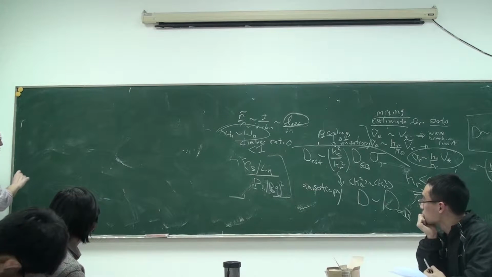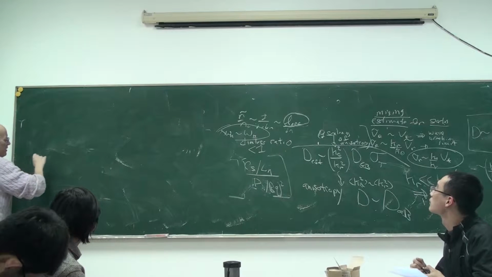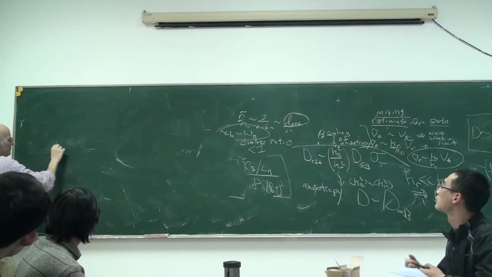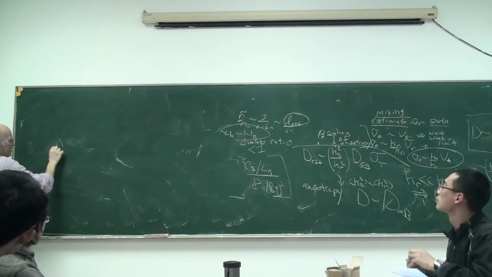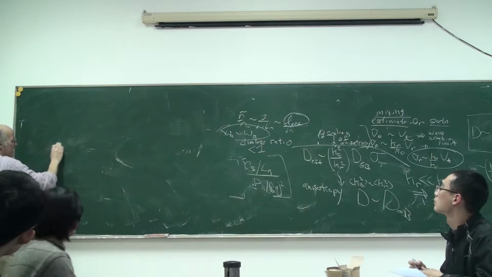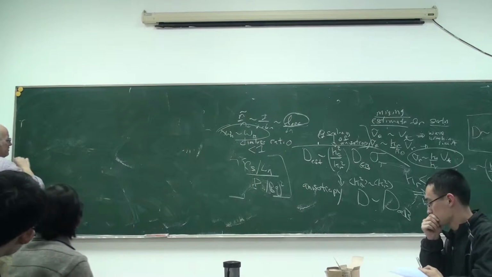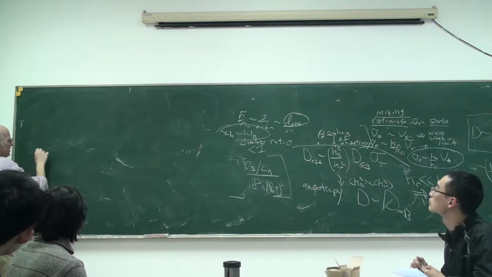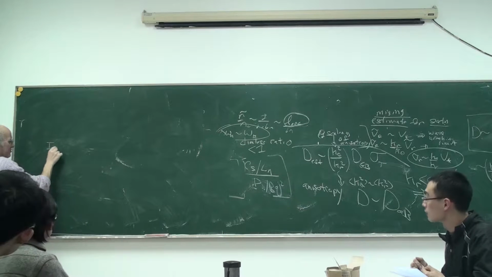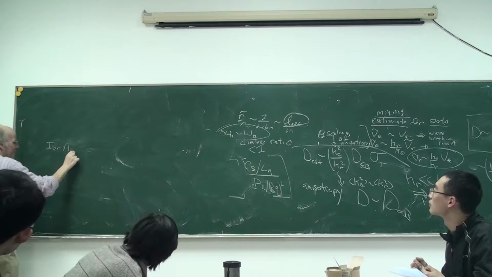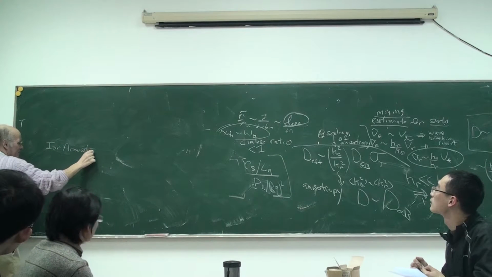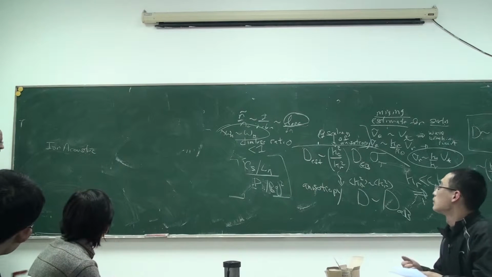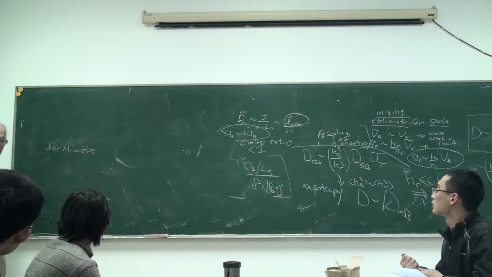Look at it this way. The analog is the way I would say it. Let's try ion acoustic for a minute. I always go back to ion acoustic as an example. How would you write the total energy for an ion acoustic wave?